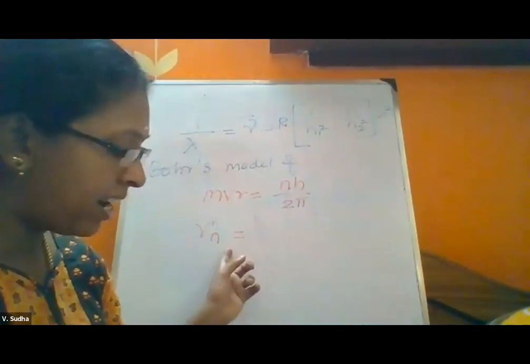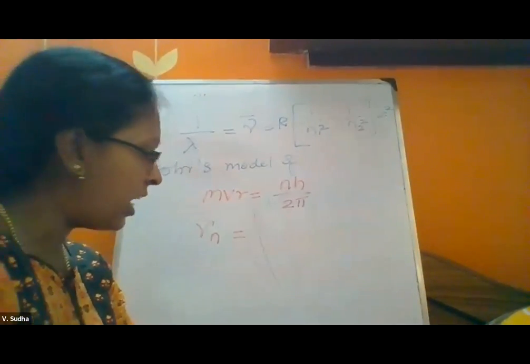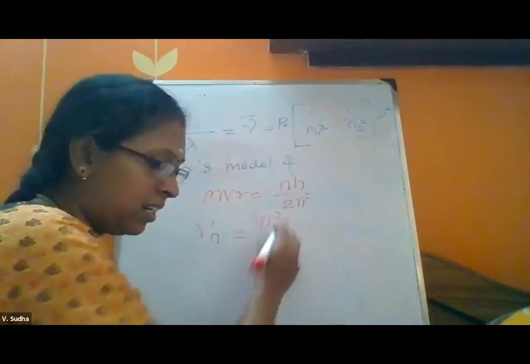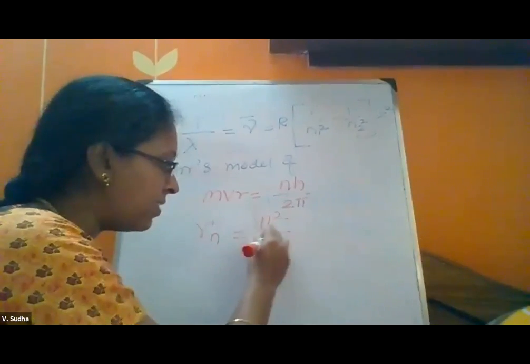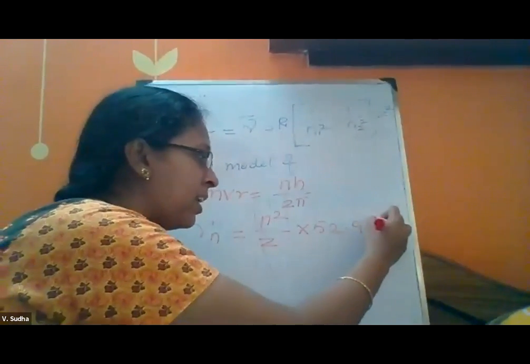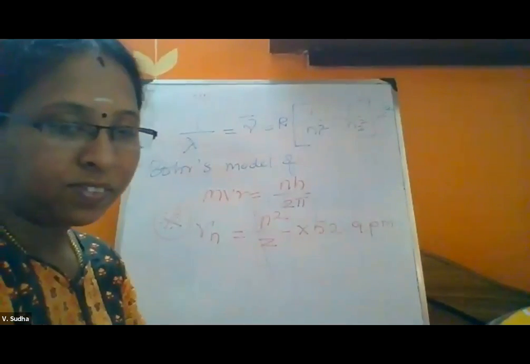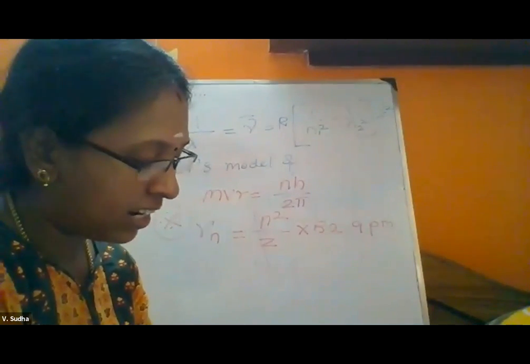So next is radius of stationary state of hydrogen like species. Rn is equal to n square divided by Z into 52.9 picometer. Again somebody is entering.